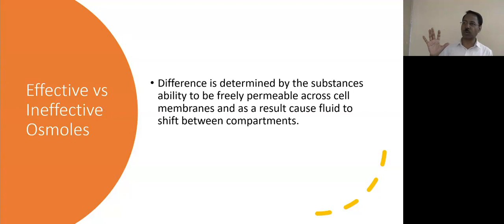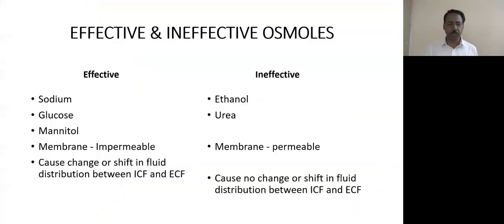That is what determines the tonicity. Based on that, we have divided them into effective and ineffective. So effectives are sodium, glucose, mannitol. All these are impermeable to the membrane and stay within the same compartment unless there's an active, energy-based movement from one compartment to the other. They are the ones contributing to the tonicity.